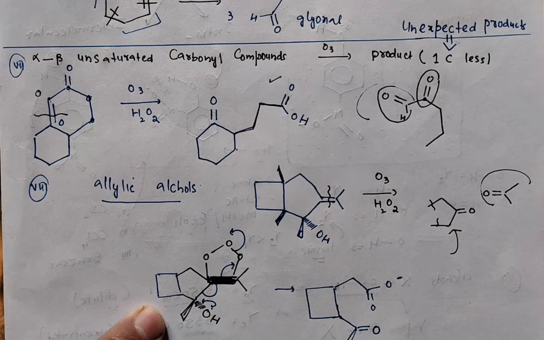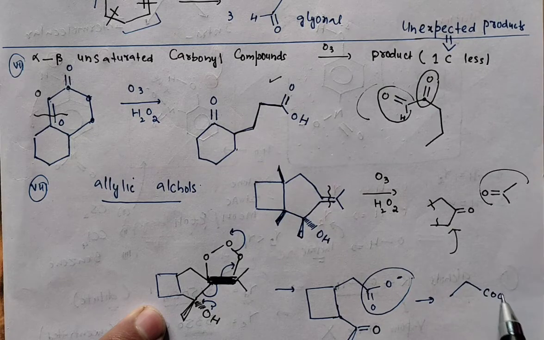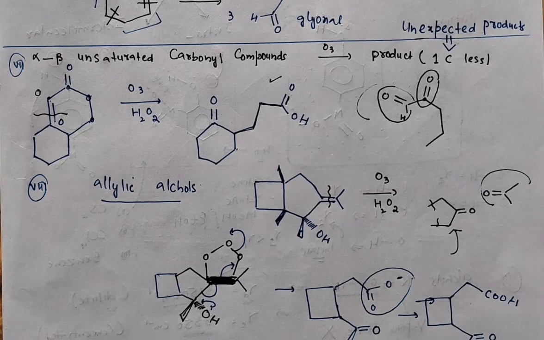So this is your group, this is your carboxylic acid. On this side you are getting the carboxylic acid fragment, and on the other side the carbonyl group. Then this will get protonated to form the carboxylic acid group. On this side you have the carbonyl, and then this is as usual. So this is the product formed.